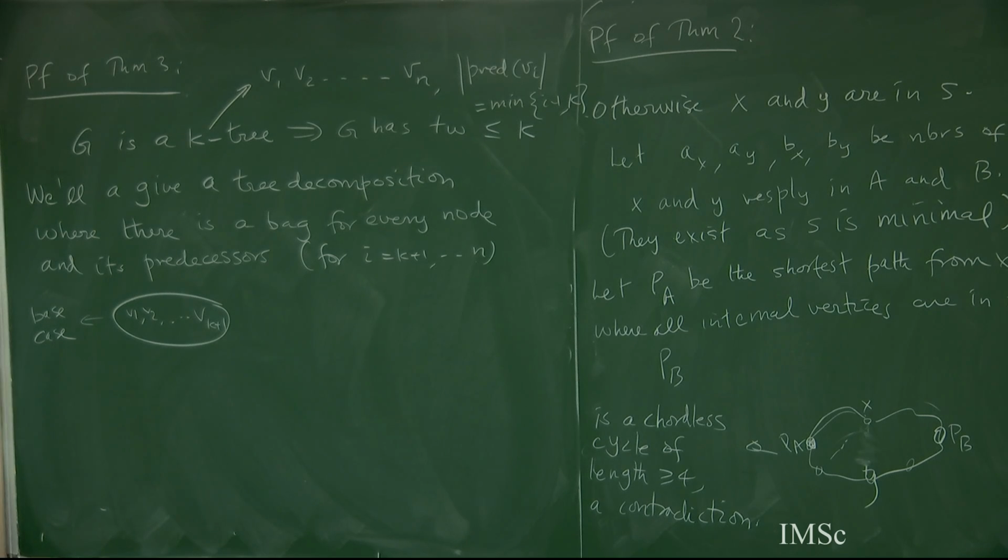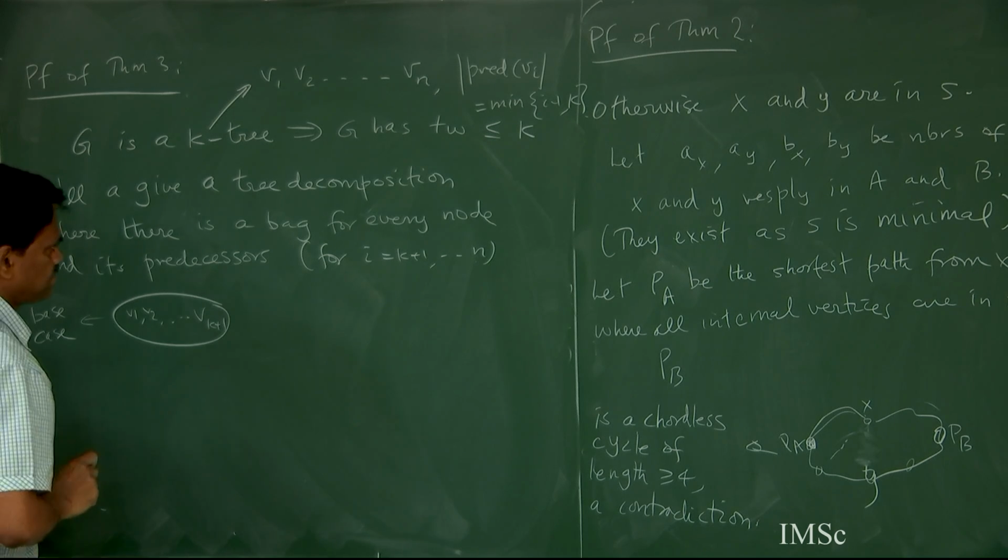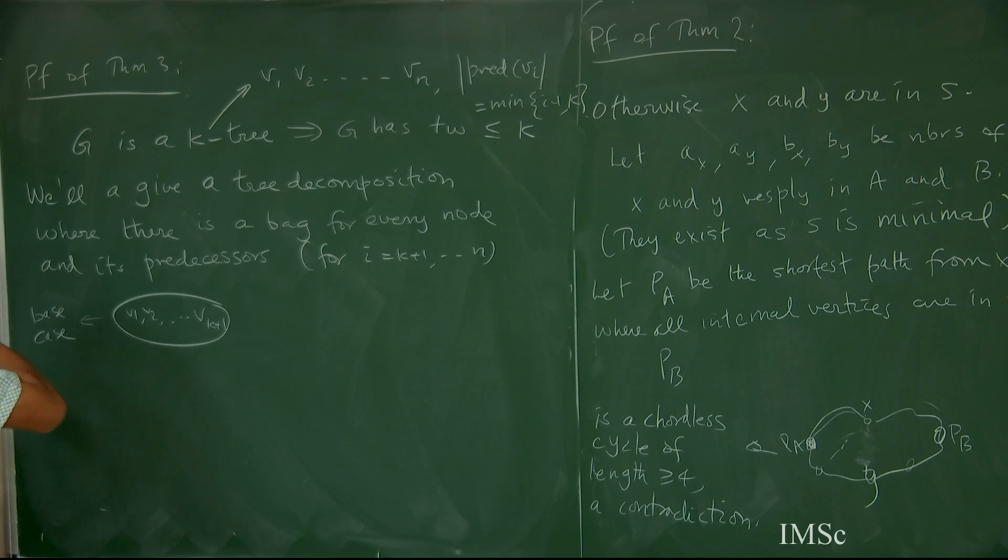Okay, so this is my base and as vertices are coming in, I am going to introduce a bag, and I argue that the whole thing is a tree decomposition of width at most k satisfying all the properties of tree decomposition. So I assume that you have a tree decomposition for my graph up to i, right.